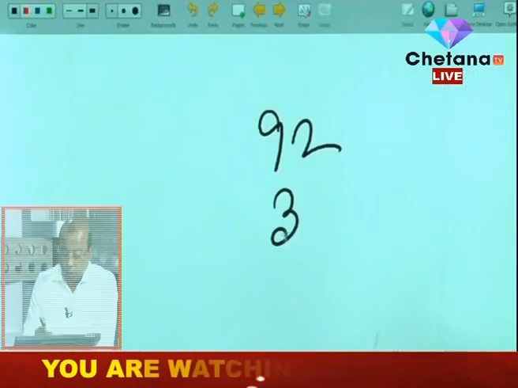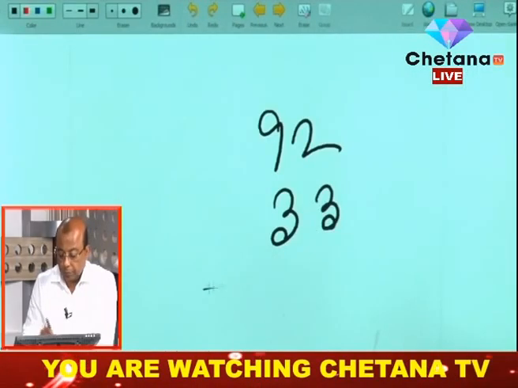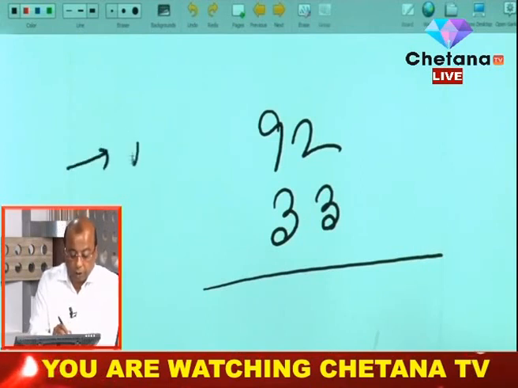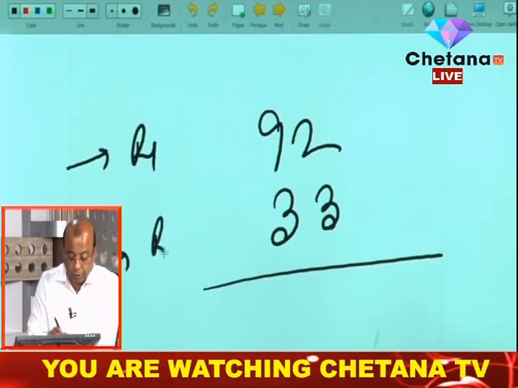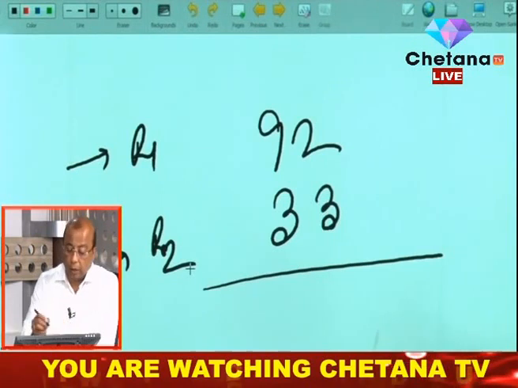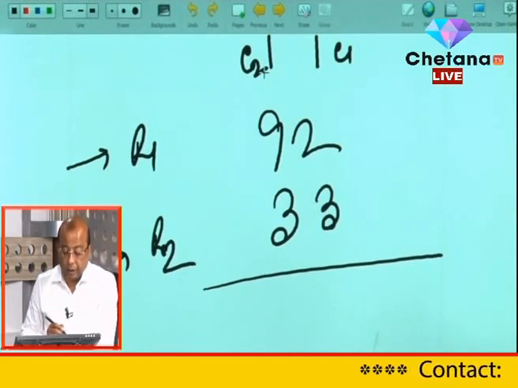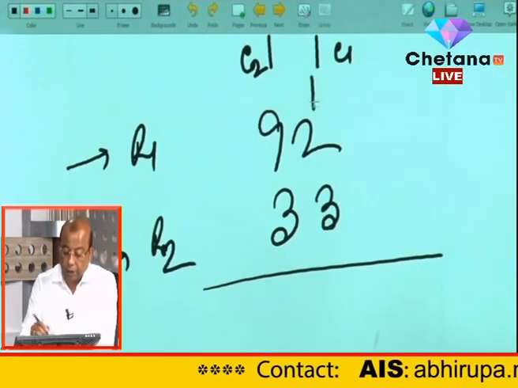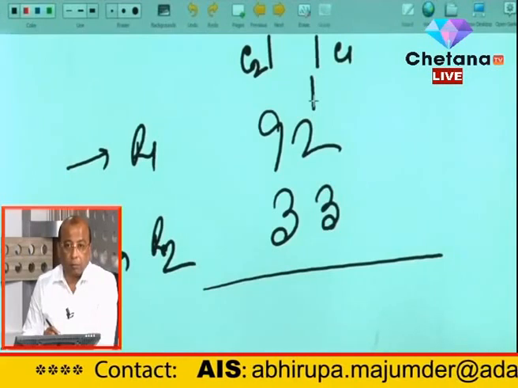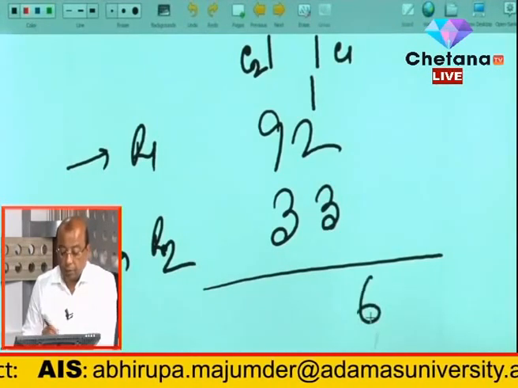92, 33. This is the first row and this is the second row. First we will consider the first column, this is the second column. We will consider the first column, that will be straight. My symbol will be straight. 3 into 2, 6. Clear?